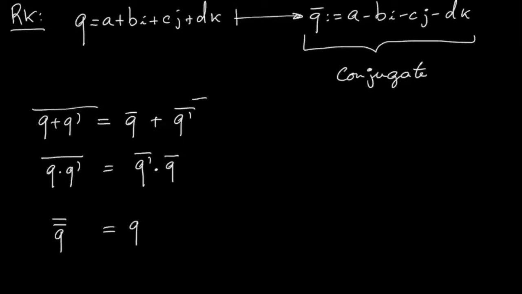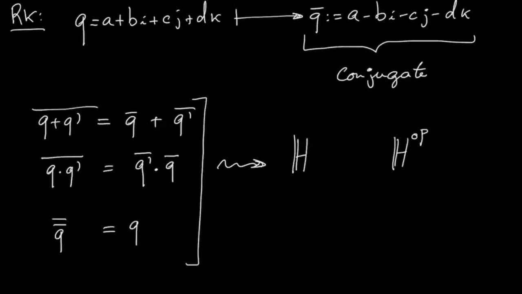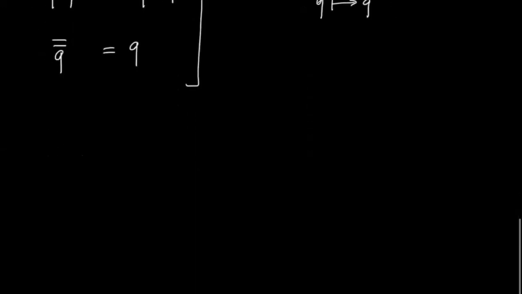These properties, which are pretty easy to check, in fact lead to an isomorphism between the quaternions and the opposite algebra, where multiplication is defined in the reverse order. So we get an isomorphism that sends a quaternion to its conjugate. So quaternions have this property of being isomorphic to their opposite. And it's an important fact that the quaternions form a central simple algebra.